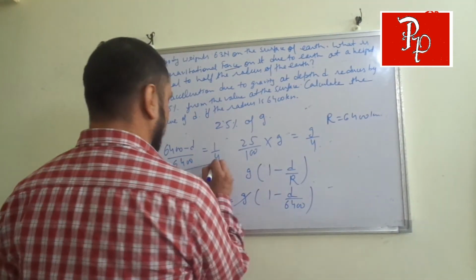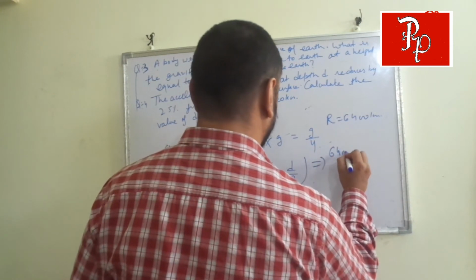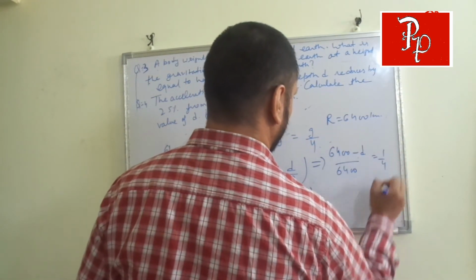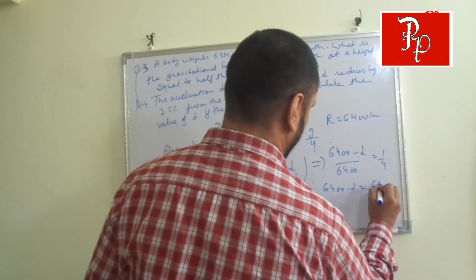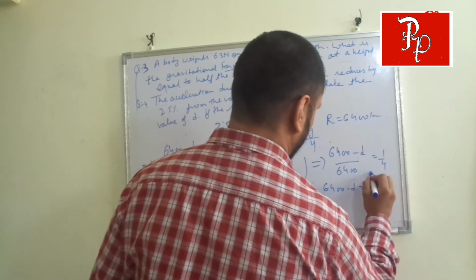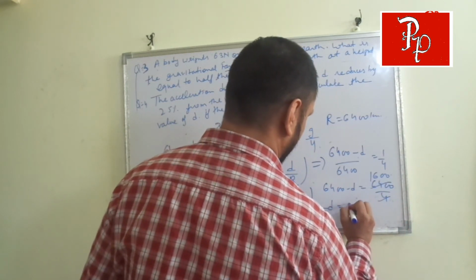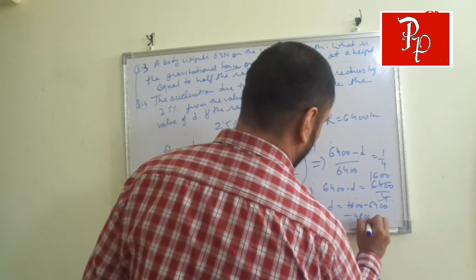So students, let me write it here now. It comes out to be 6400 minus d equal to 6400 divided by 4, that is 1600. Minus d equal to 1600 minus 6400, which is minus 4800.